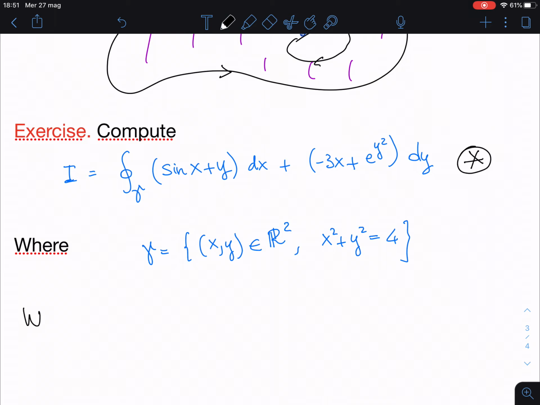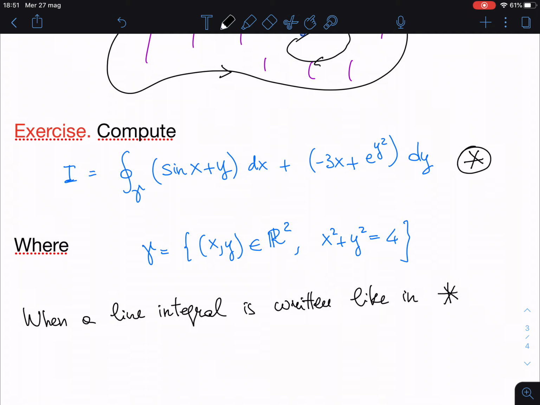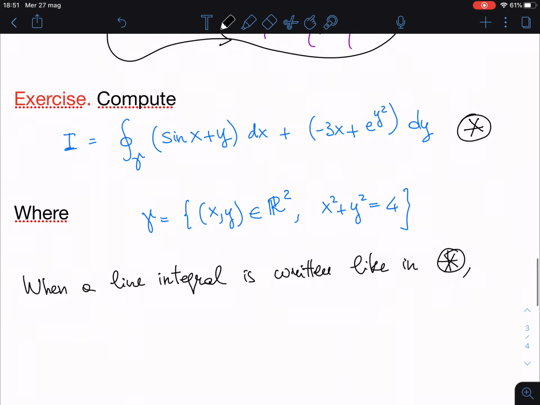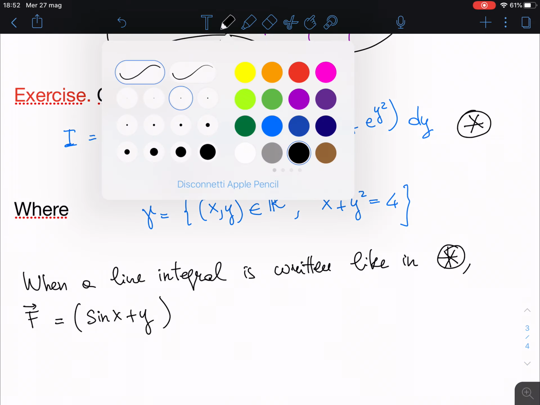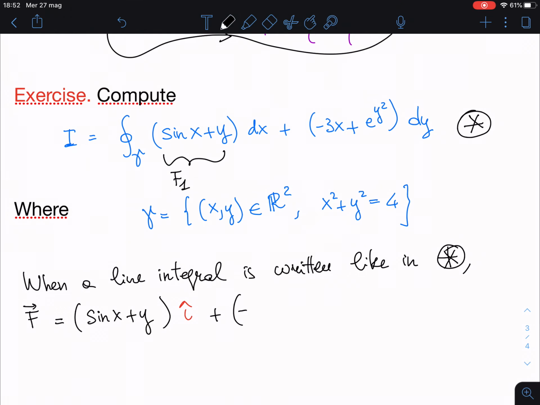When a line integral is written like in the asterisk, when a line integral is written like here, what you have to do is first to identify the vector field, which is F equal to first component F1, so sine of x plus y, on the unit vector on the x-axis, plus minus 3x plus e to the y squared j.